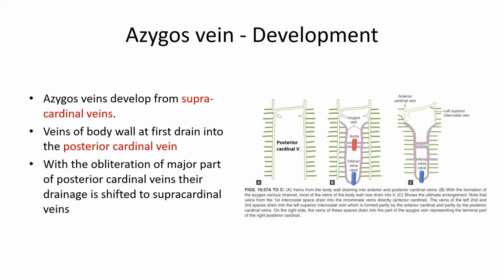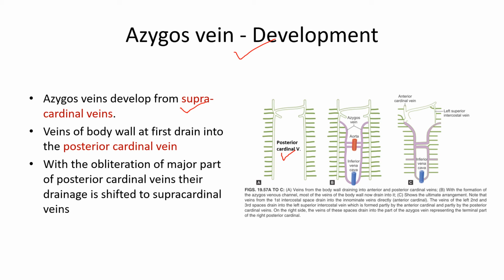Coming to the development of the azygos vein. It develops from supracardinal veins. So in this picture you can see the veins of the body wall. At first they drain into the posterior cardinal vein. Later the major part of the posterior cardinal vein gets obliterated.